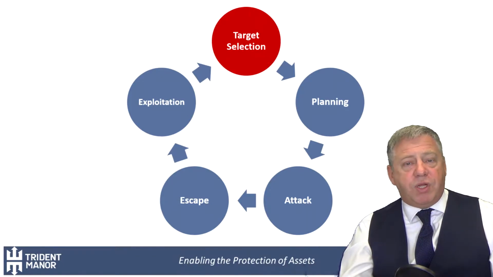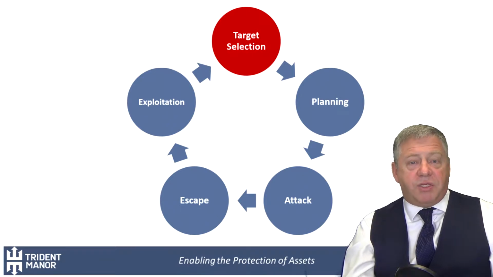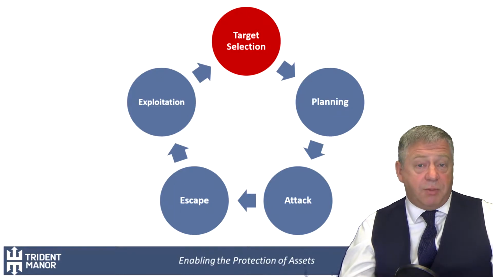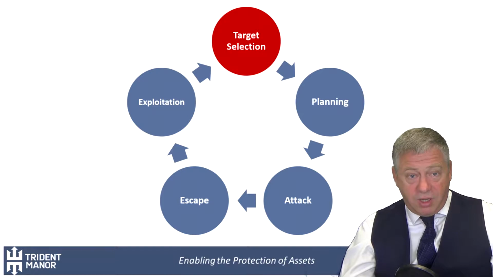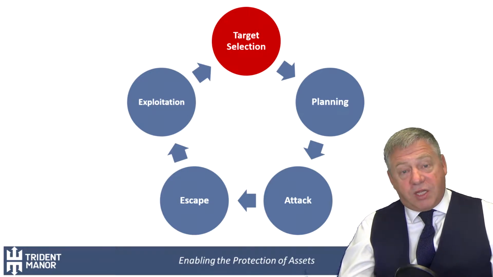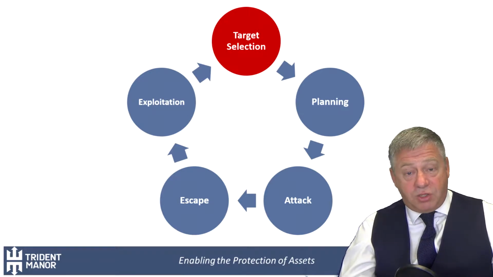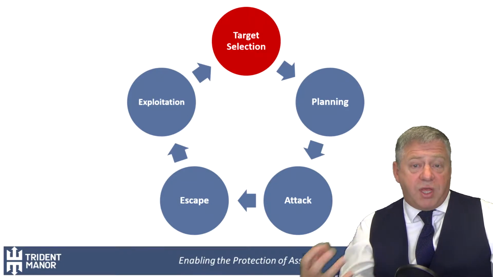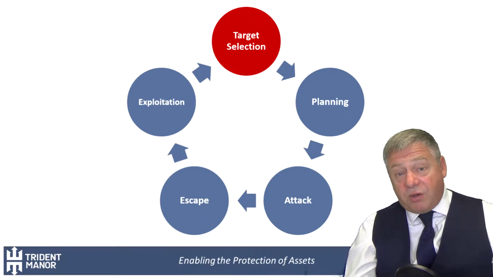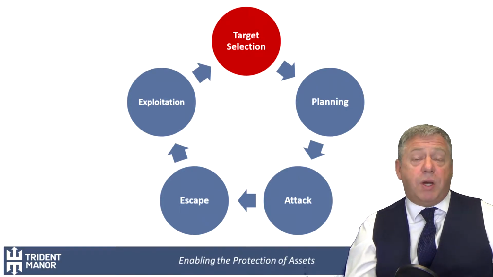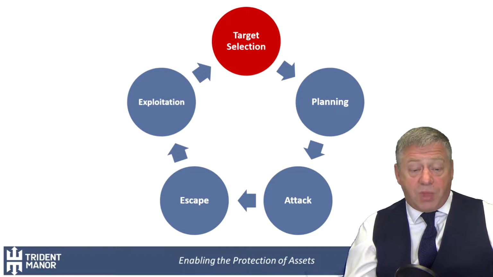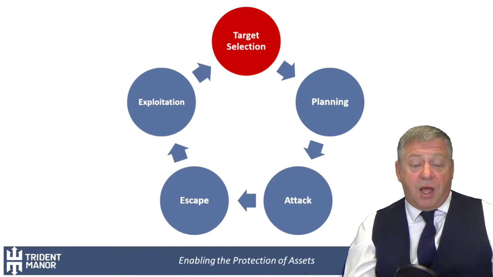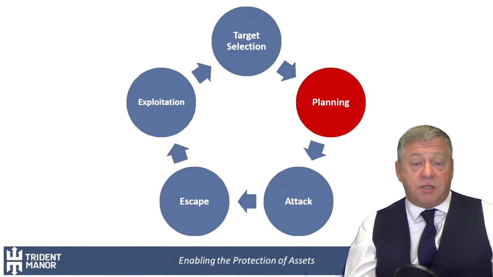The target selection has to be of benefit to the attacker's aims, whether that's monetarily, politically, or for exploitation through media, etc. It could be for revenge. There's a whole host of reasons why targets are selected. But once the target's selected, the next stage is the planning stage.